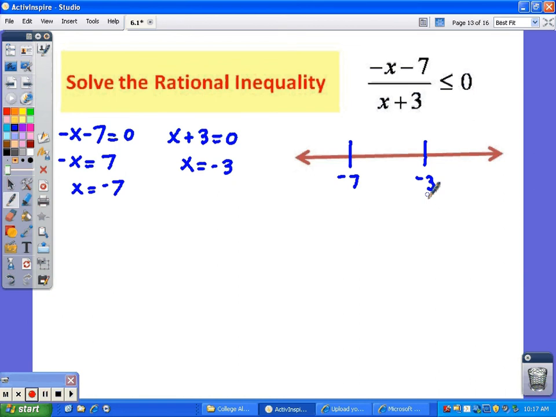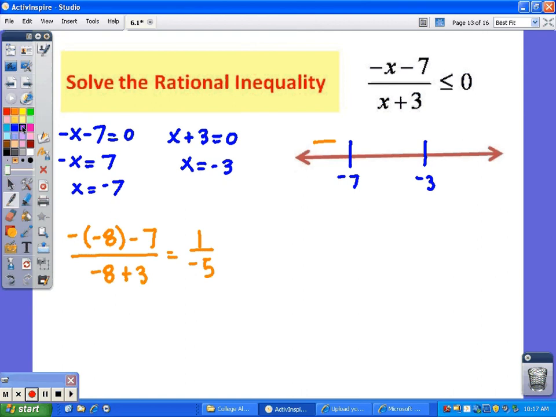From this point, we do need to do our sign test. Picking some number to the left of -7, we could try -8. Plugging in -8, be careful of your signs. Negative times a negative would give us a positive 8 minus 7, which is 1. -8 plus 3 is -5, so that would give us a negative answer.